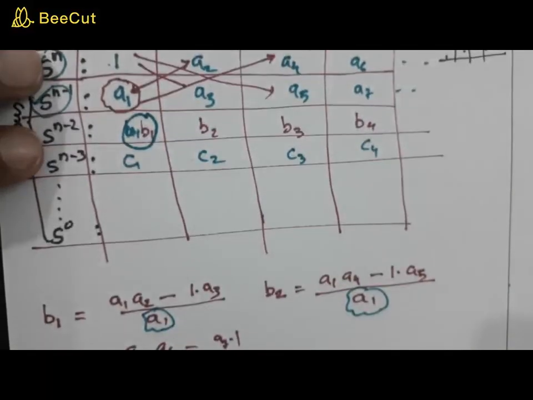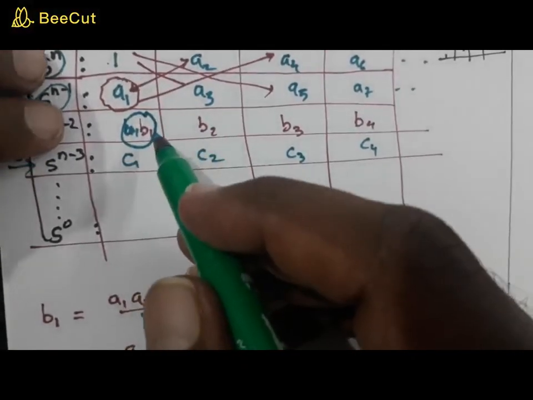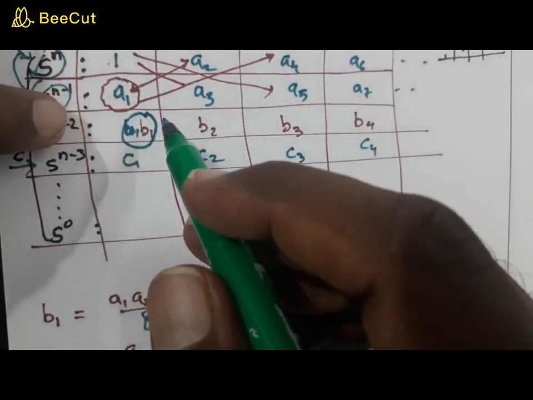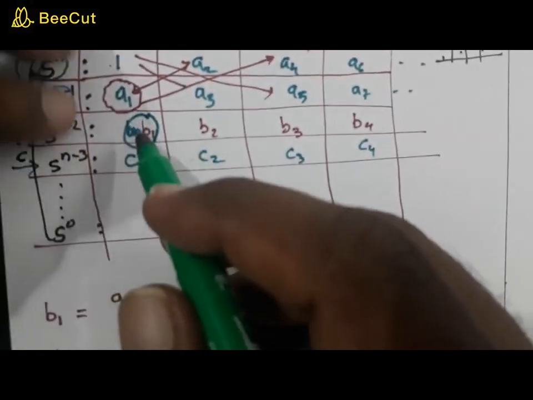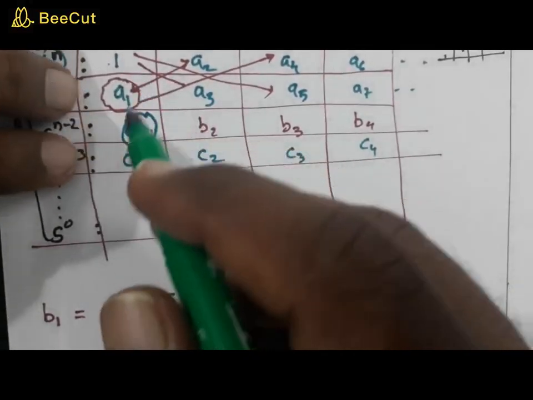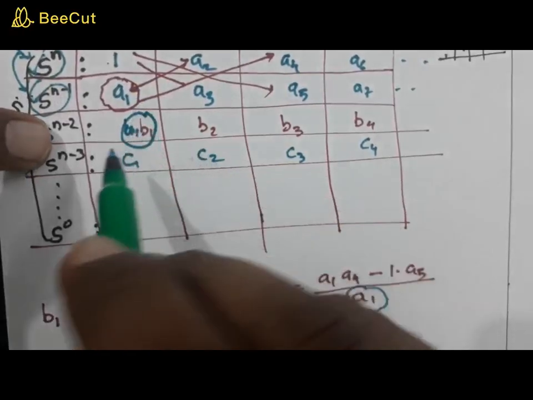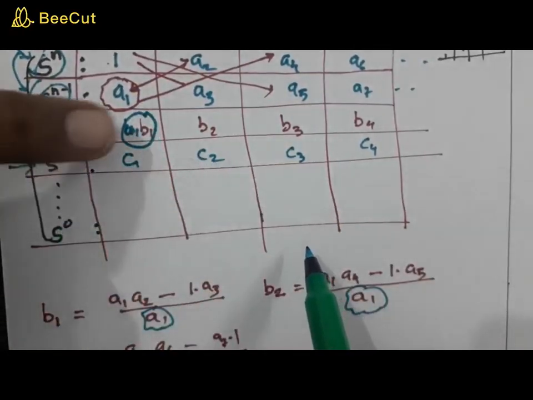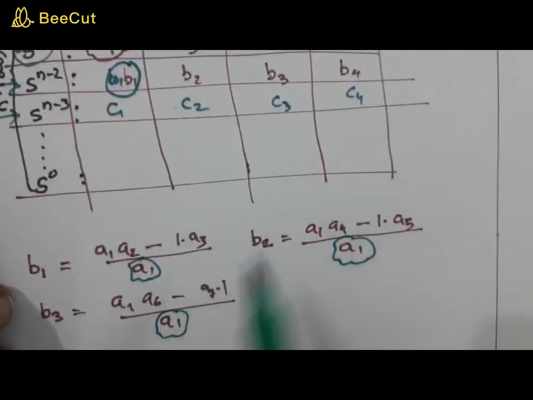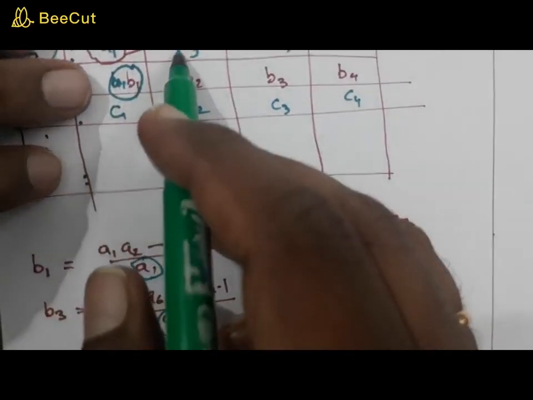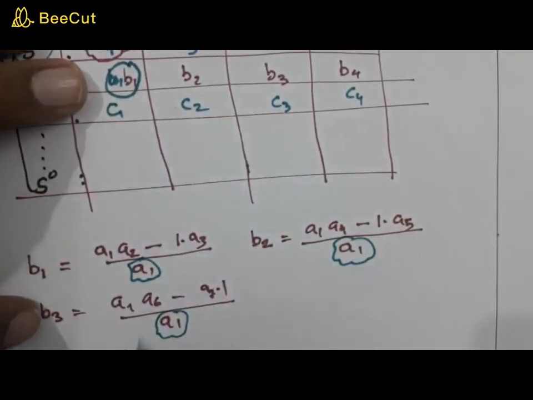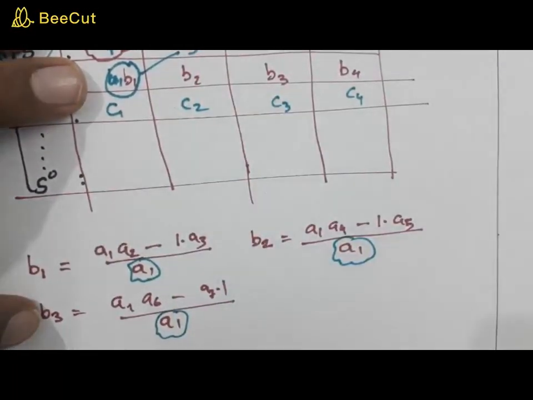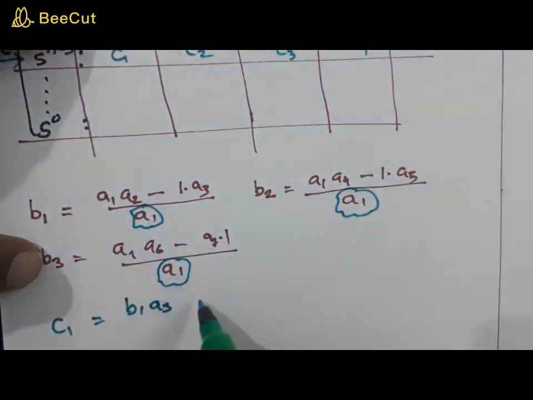Then c1 is evaluated from the two rows above this, from s raised to n minus 1 and s raised to n minus 2, b1 being the base element here. So c1 will be b1 into a3 minus a1 into b2, divided by b1.